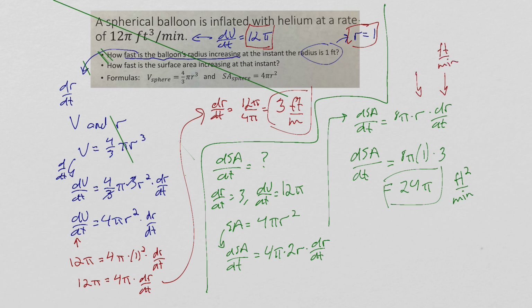What are the units of r? Feet. Notice they were multiplied right here, and this is a constant. So when I multiply these two, I get feet times feet per minute, which gives me feet squared per minute. That should work out with any related rates problem. I could have shown that happening earlier, but we were dividing and it was a little messy. So you should give units with your answer.